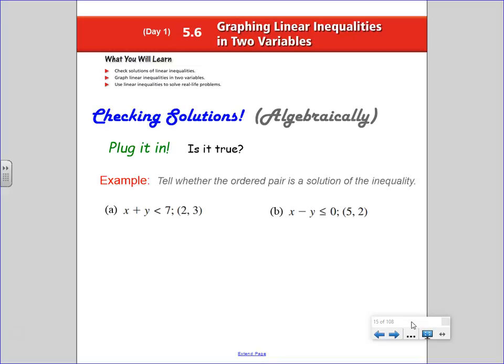If we're checking solutions algebraically, and they say tell whether or not the ordered pair is a solution, do you see the ordered pair after the inequality? If they say tell us whether or not it's a solution, what we need to do is check if it's true. If it's true, it works, it's a solution. If it's not true, false, then it's not a solution, right?